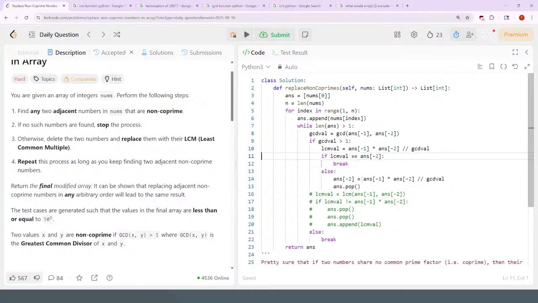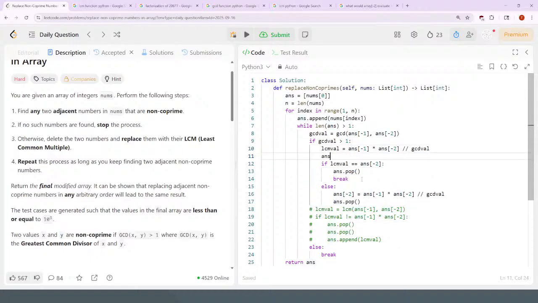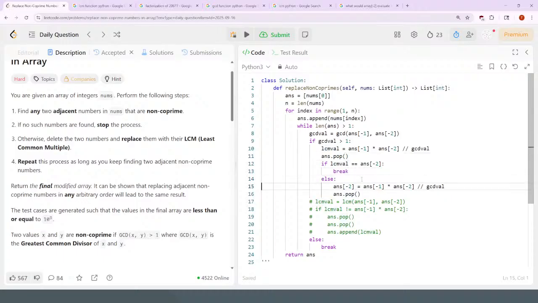So maybe I just could do this. No, I can't. I would normally try to factor out the answer.pop, but I don't know where. Actually, yeah, I guess I can do this. LCM, answer.pop is always going to occur. Yeah, otherwise, this is LCM value.